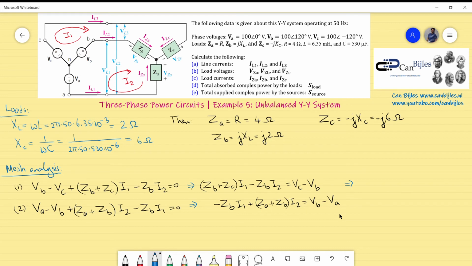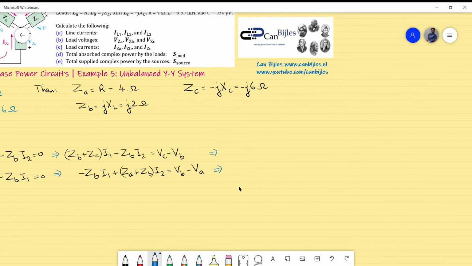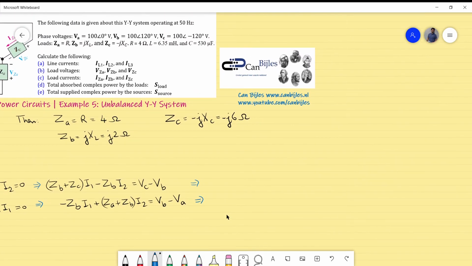Alright, so let's now substitute the given values in all those expressions. I have the values of ZB, ZC, and ZA, all of them given here. I can also use the values for VC, VA, and VB in the polar expression, and continue with the analysis. So what I have is j2 minus j6 times I1 minus j2 times I2.